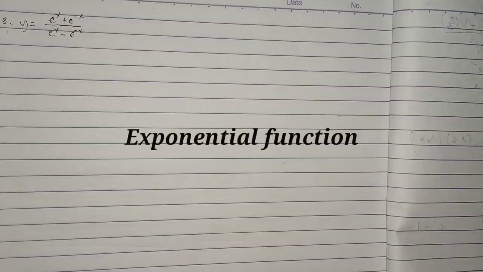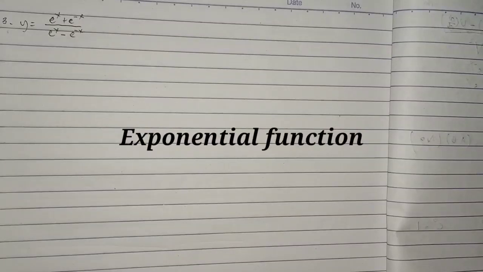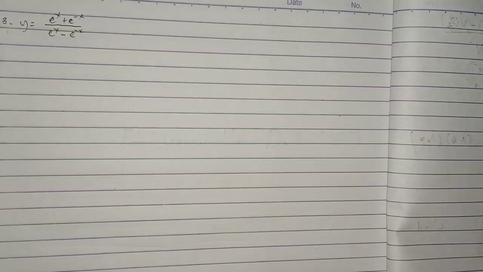Okay, we have our third function here, which is an exponential function. As you can see, we have a fraction here, so we must use the quotient rule.